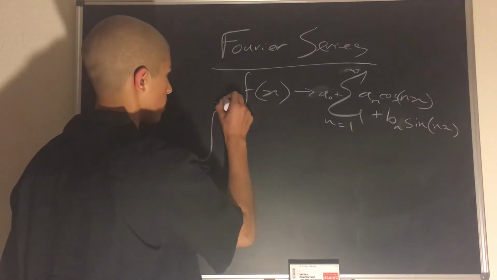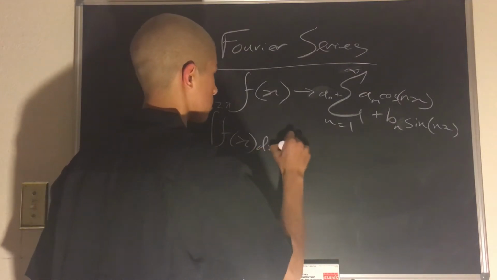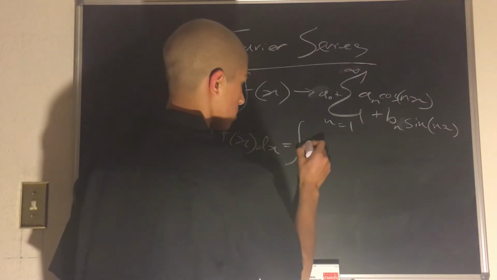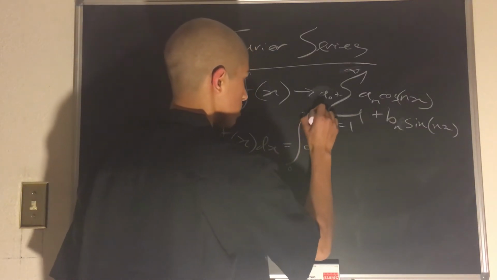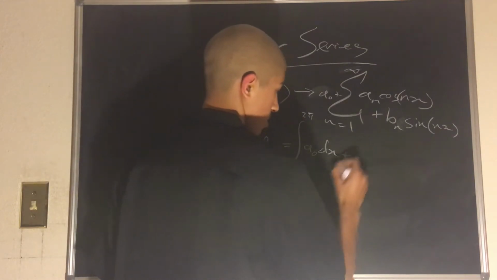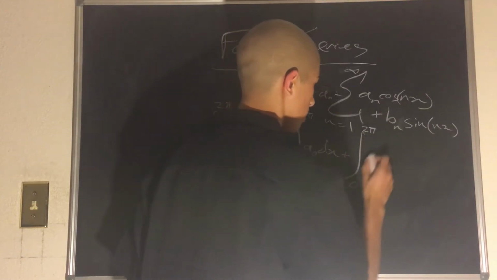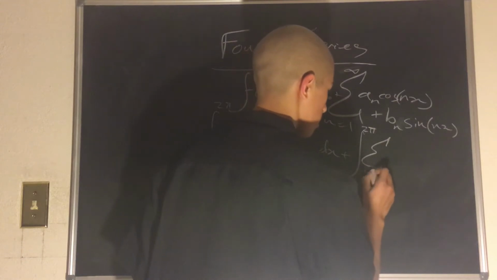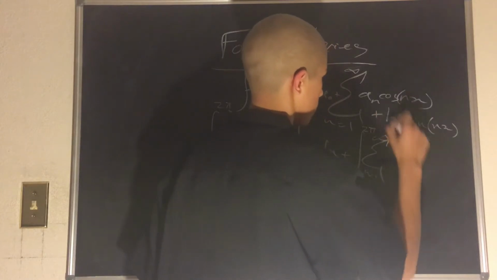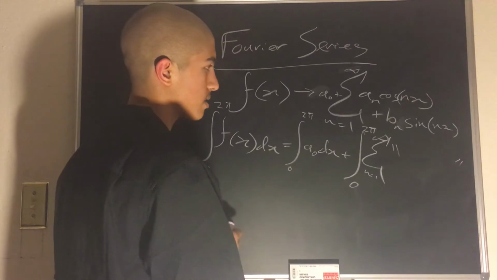So the integral 0 to 2 pi f of x dx is equal to, and then we integrate this term here, integral 0 to 2 pi a0 dx plus integral 0 to 2 pi of the infinite sum, n equals 1 to infinity, of an cosine of nx plus bn sine of nx.